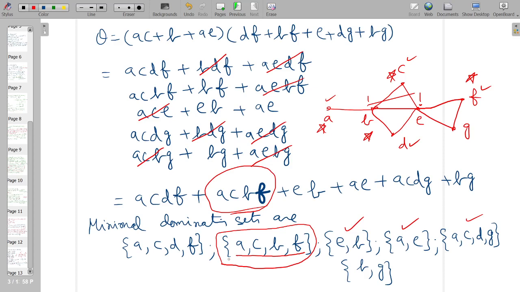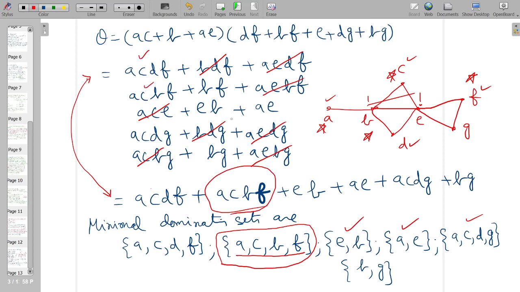Yeah, I can see what is the mistake that I have done here. See, it is very simple. Now I have written this ACDF. I have written from this step to this step. I have done just a slight error. I have written this ACDF, and I have written this ACBF.